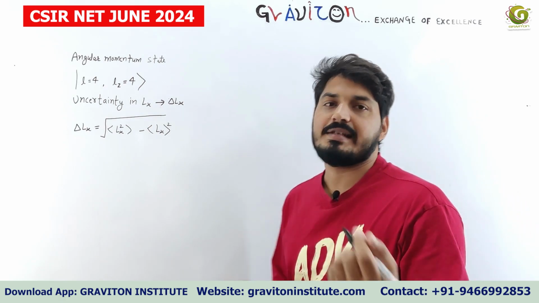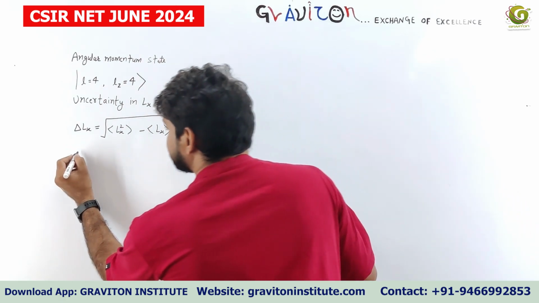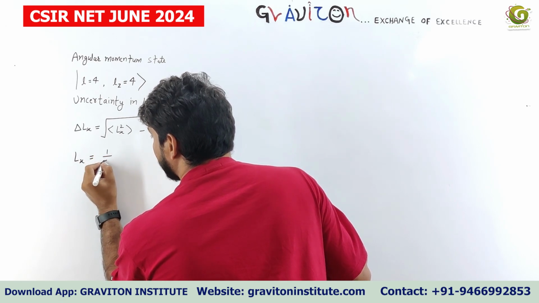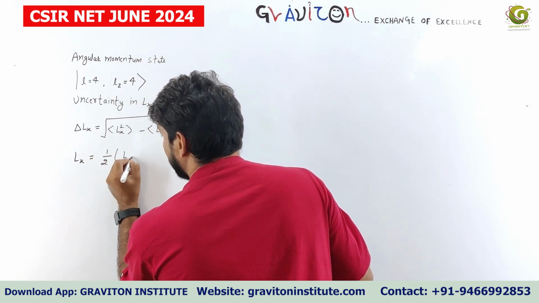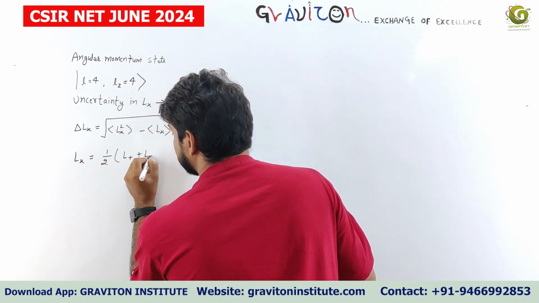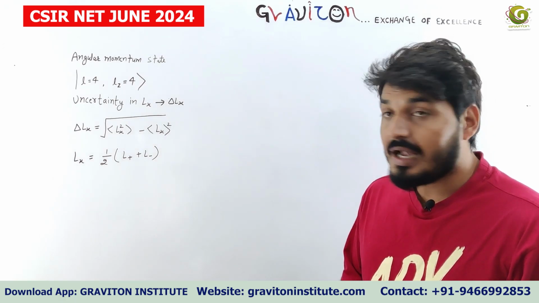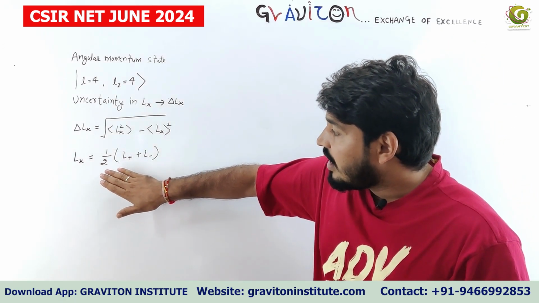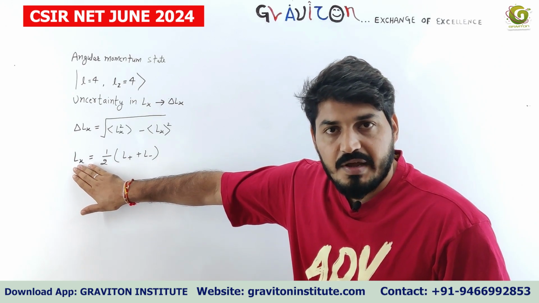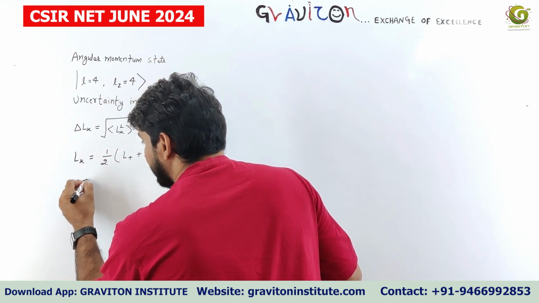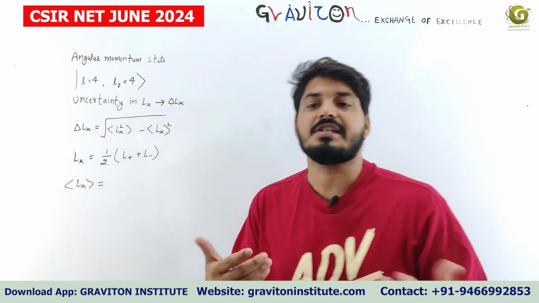Now what is Lx? You already know this operator: Lx is 1 by 2 times L plus plus L minus. Now how do we find the expectation value of Lx? It is simply on any state Lm.